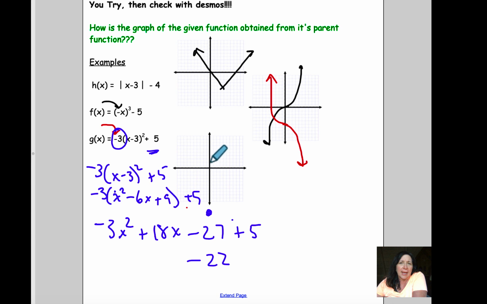So again, when I took my parabola and I reflected it across the x-axis, I did do this. I moved it to the right 3 and then up 5. And so realistically, keep in mind, see this -3, that 3 value in front is going to make my graph a lot skinnier, and so it looks more like that, which might go through the -22.